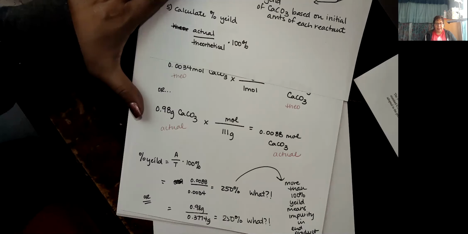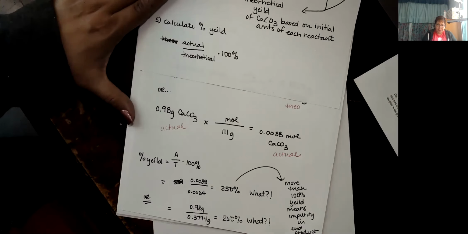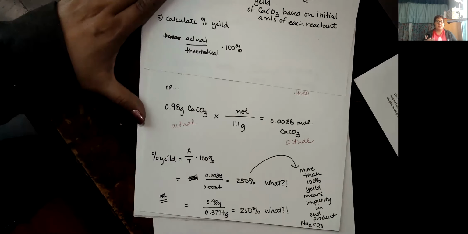So likely you have unreacted reagent in excess. In this case, our reagent in excess would have been the sodium carbonate. So don't be surprised if for this reaction you end up with more than 100% yield.